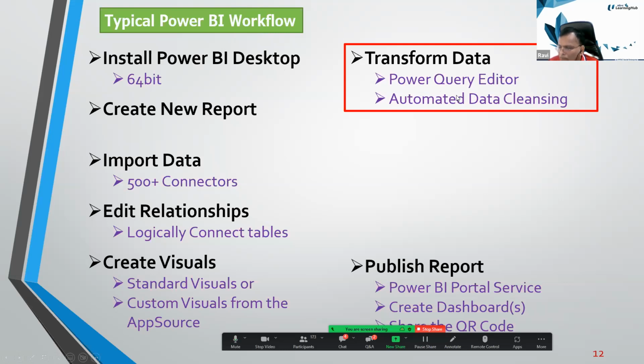This tool allows you to transform the data, extract, transform, and load, ETL. Once you have configured the logic in the Power Query Editor, subsequently, any refresh, you don't need to do it. It automatically does the cleaning. It automatically executes the steps. Okay, so that is the power of it.